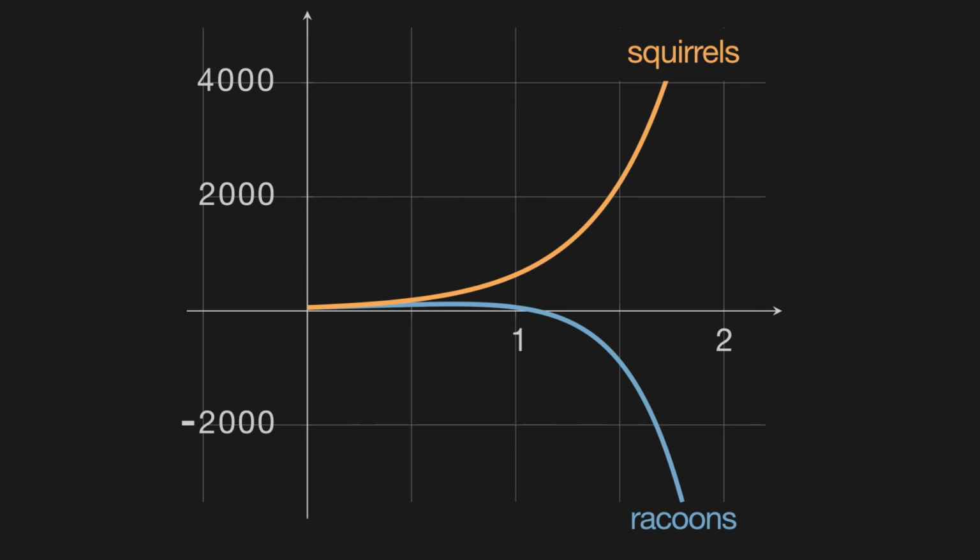It's easy to see that the squirrels far outnumber the raccoons by some point. The raccoon curve even goes into the negative, which of course it will not do. It will stop at 0. And of course, from that point on, the growth of the squirrels will also be different. But you can see the squirrels are winning and the raccoons are dying out in that simplified model.